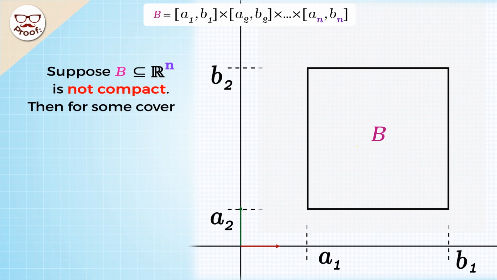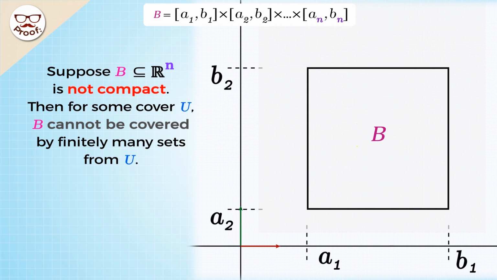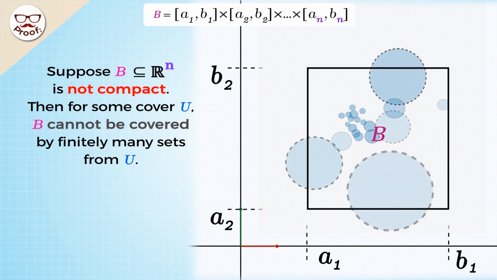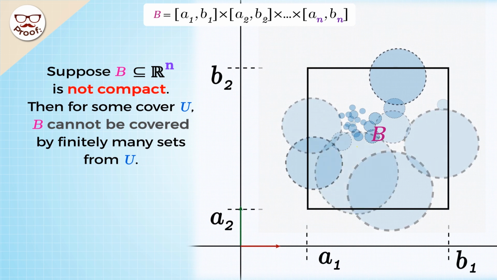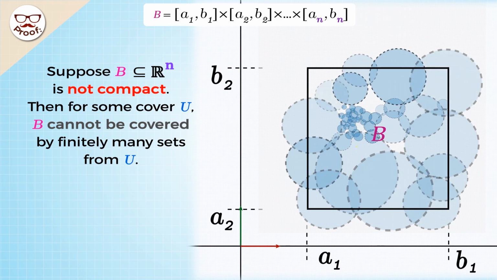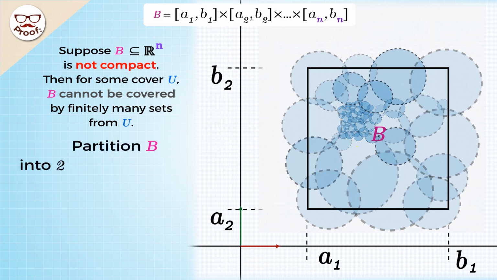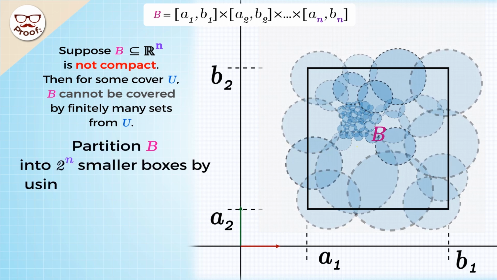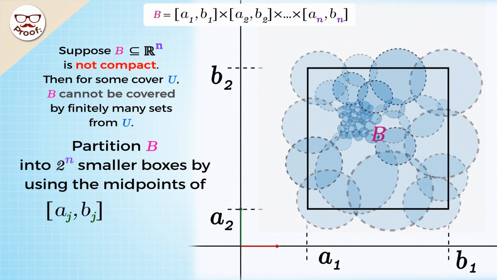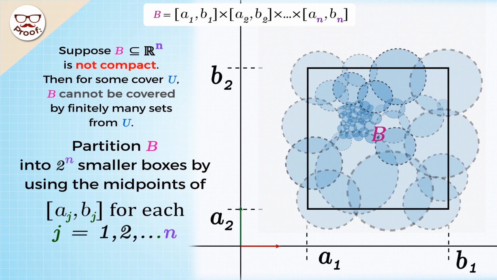Then for some open cover U, B cannot be covered by finitely many sets from U. Partition B into 2 to the n smaller boxes by using the midpoints of [a_j, b_j] for each j equals 1, 2, up to n.